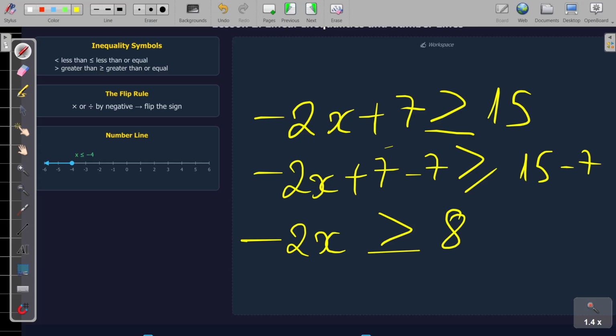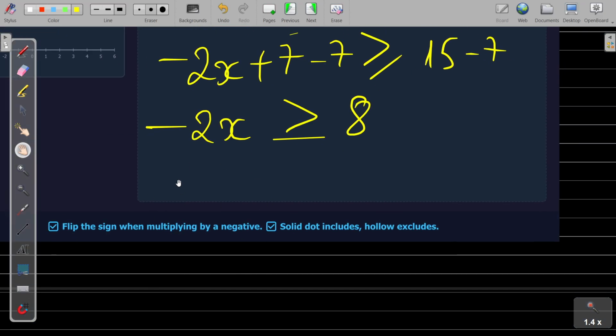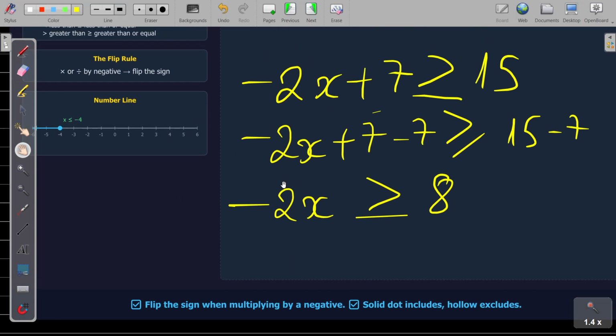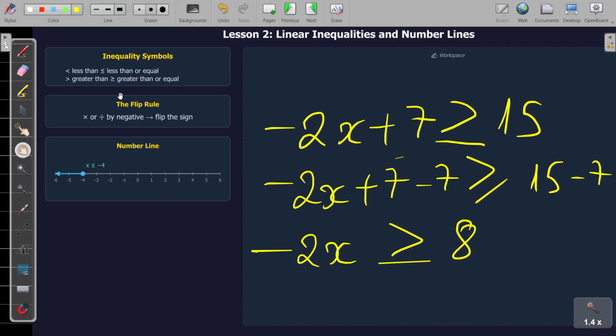Okay, so I have reached this point. So negative 2x is greater than or equal to 8. So we need to divide by negative 2. This is the one special rule for inequalities: when you are multiplying or dividing by a negative, you want to flip the sign. When we are dividing by negative 2, we are going to flip the greater than or equal sign so that it becomes less than or equal to.